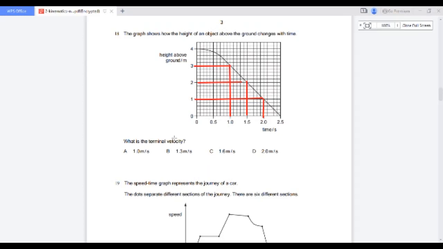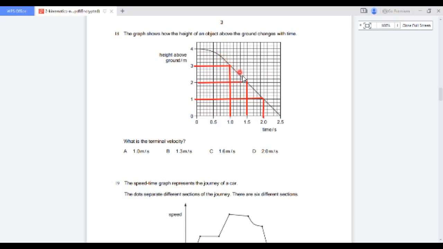What is the terminal velocity? Terminal velocity is when it becomes constant. Total distance over total time remains the same. You can see that approximately after this time there is a constant decrease in height.